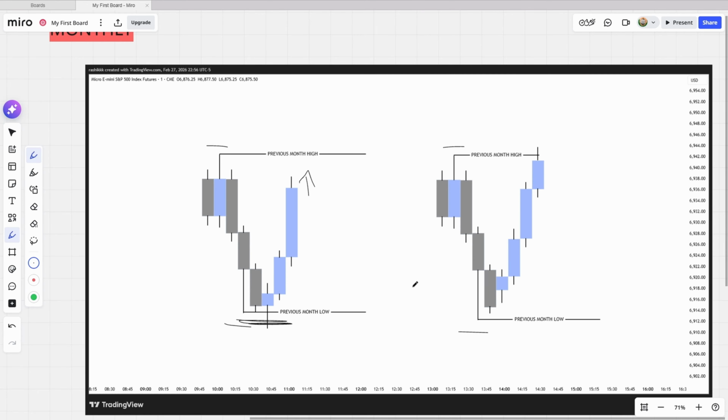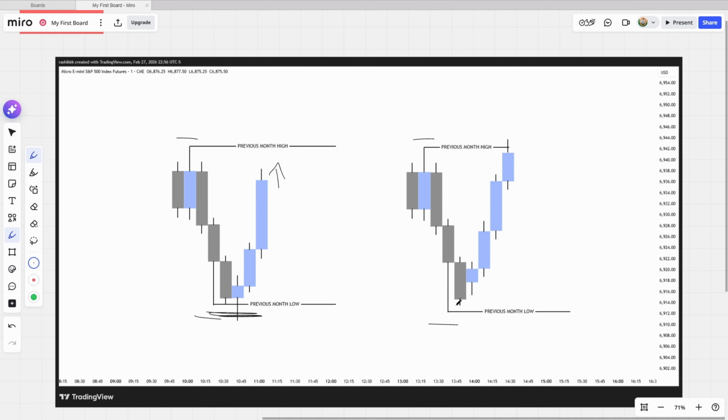In the second scenario, price does not reverse. Instead, it continues seeking liquidity and pushes directly toward the previous month's high. In that case, the previous month's high becomes the draw on liquidity. Price is simply expanding from one external liquidity pool to the other.